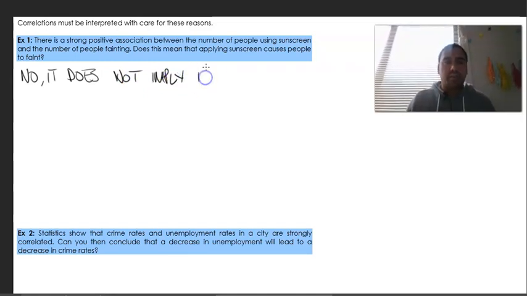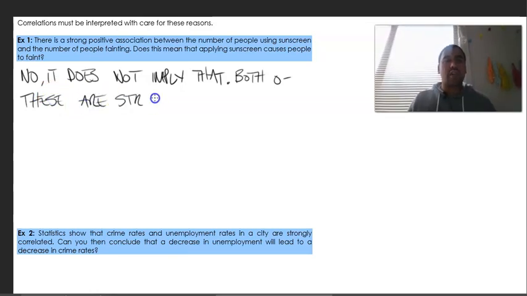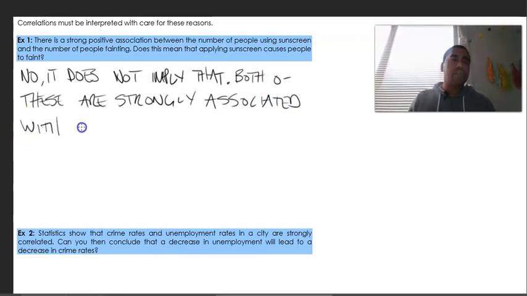Both of these variables are strongly associated with heat, because people will put on sunscreen when it's hot, but then people will also faint due to heat exhaustion as well.